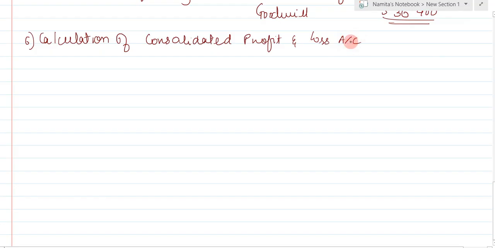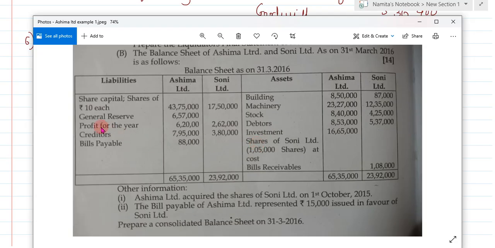For the consolidated profit and loss account, we have to take the balance of profit of the holding company. Profit for the year of the holding company is what? 6,20,000. Here one more zero is added.